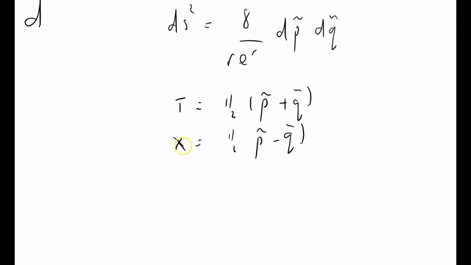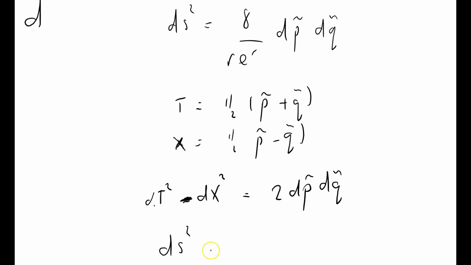And so what that tells us here is that dt squared minus dx squared equals, everything cancels out, I've got a factor of 2 over a half and another 2 over a half, equals 2 dp twiddles dq twiddles, just by squaring and adding and subtracting these two. So the line element here looks like ds squared equals 4 over r e to the r times this beautiful thing here.